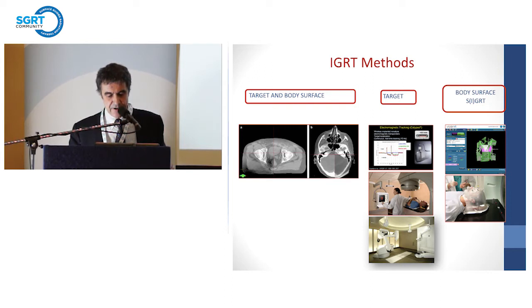And then we have the body surface systems. There are also other methods using infrared, but not acquiring the full surface of the body, just points. For example, in Italy we have a center for particle therapy which is equipped with this kind of device.